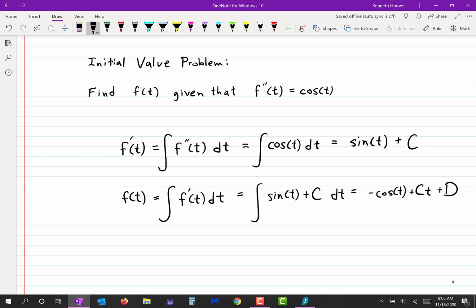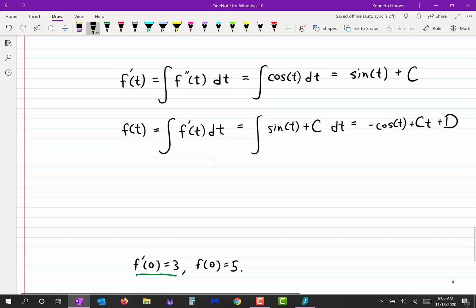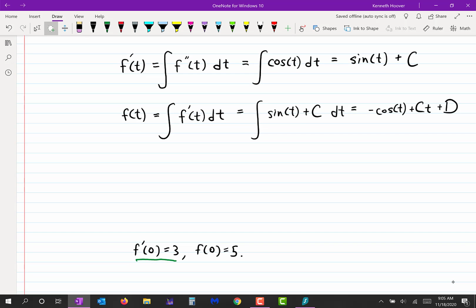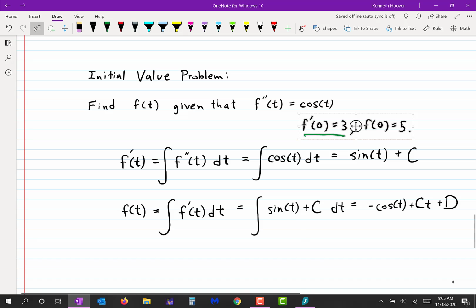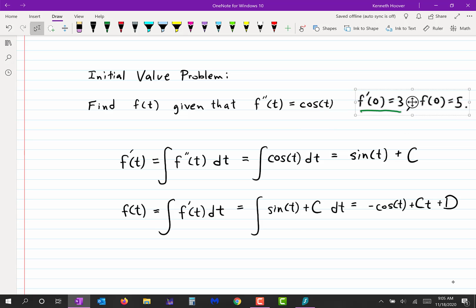But that wasn't the whole question, was it? They actually gave us more information. They told us these two additional pieces of information. So what we do is we use that information to get one single answer instead of infinitely many answers.